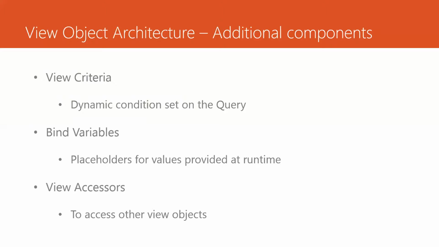On top of that where condition, you can define view criteria, which are dynamic where conditions. That means the base query doesn't contain them, but at runtime, you can select specific criteria to be appended on top of the base query. I'll show that in the demo.